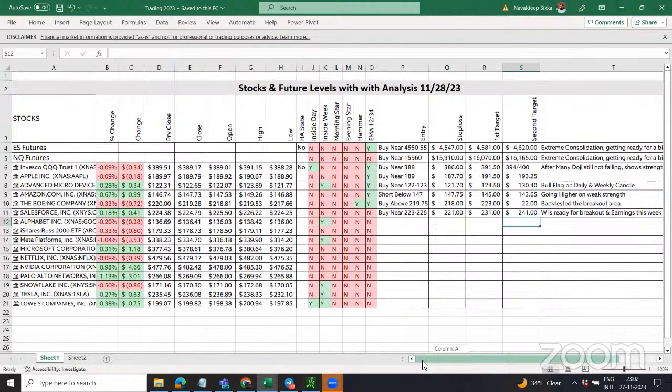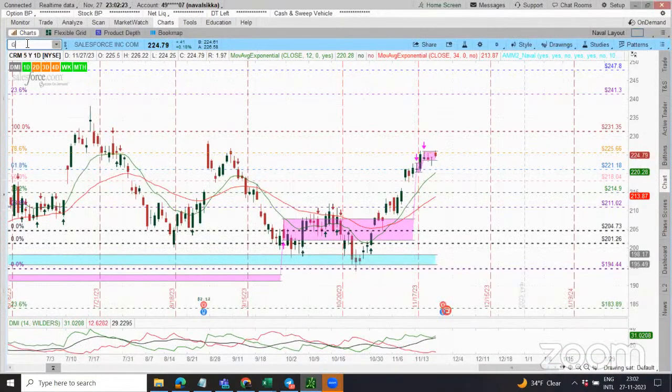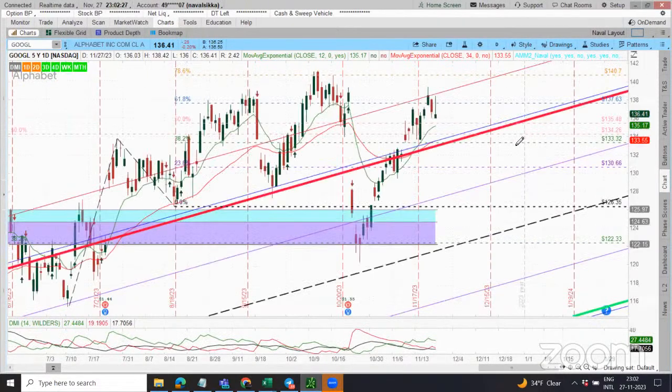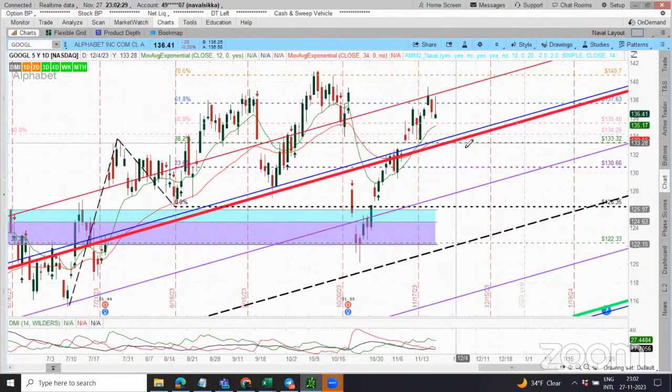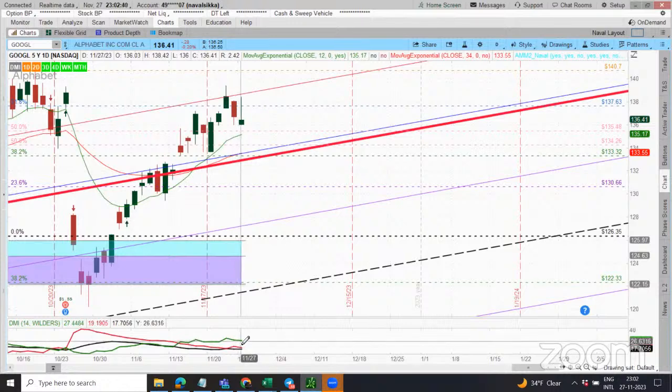Then we have Google. Google is stuck in a zone. It's a hammer at the top. I think if it can test 135 and bounce, that will be good. But again, it doesn't have strength.